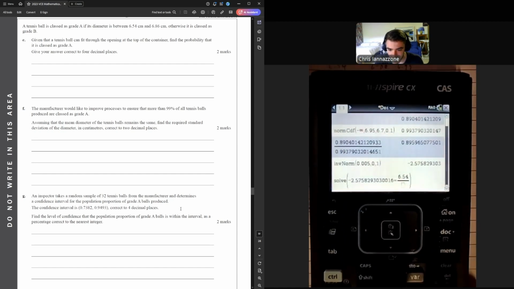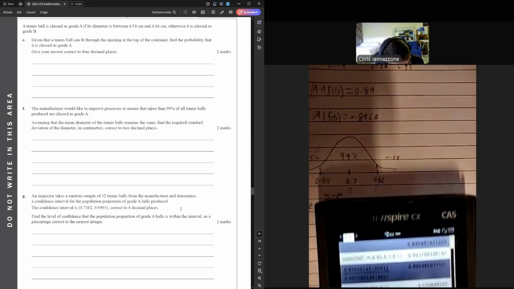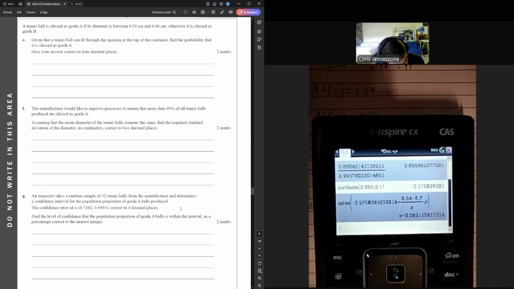We need the same x and equivalent z, minus the mean, which we know is 6.7. So let's do that, 6.7. And standard deviation, I'm just going to call it x, just so we have something for the CAS to solve for. What we do there is Control Enter, and that's going to give us a standard deviation of 0.06. Now for us, we need 2 decimal places, so yeah, 0.06 is going to be the correct answer for that one.